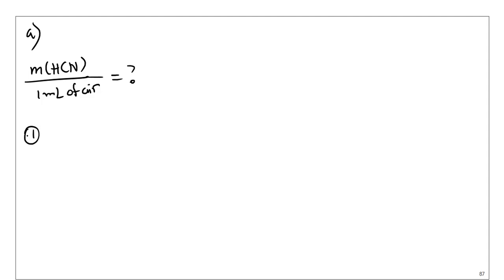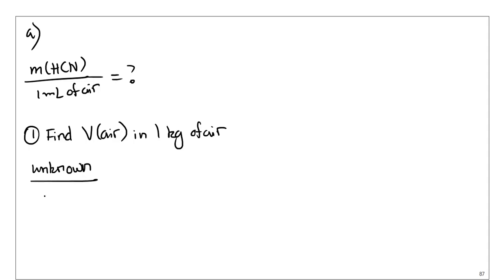So the first thing I'm going to do is I'm going to find the volume of air in, well, 1 kilograms of air. All right, and this is where the air density is going to be useful. So it will go unknown over given, then every mil of air has the mass of 0.00118 grams.